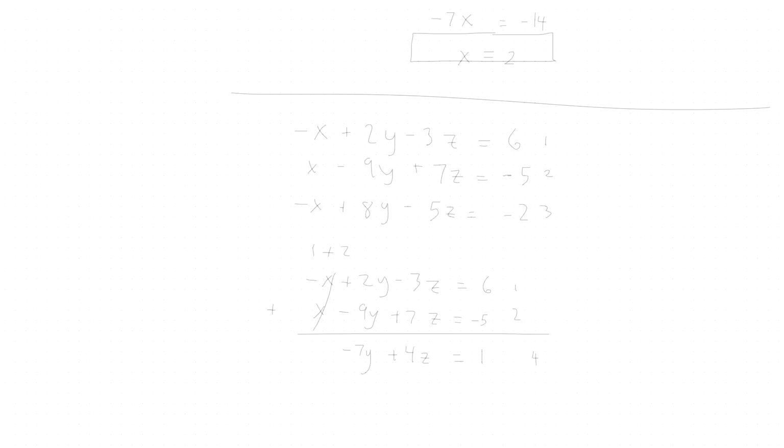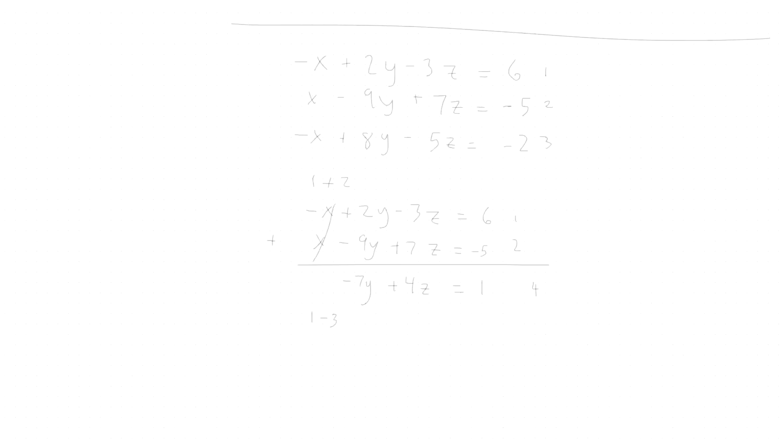So 1 minus 3: minus x plus 2y minus 3z equals 6, that's equation 1, and equation 3 is negative x plus 8y minus 5z equals -2. We're going to subtract these two.